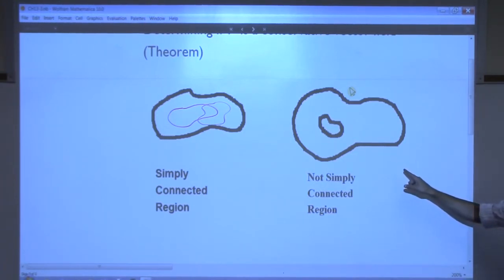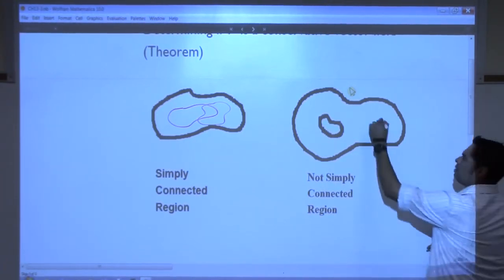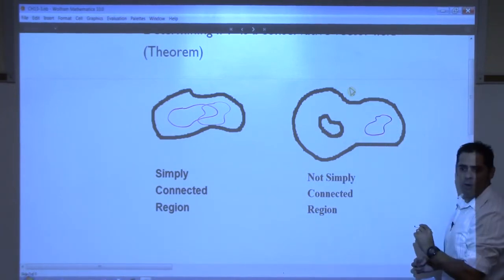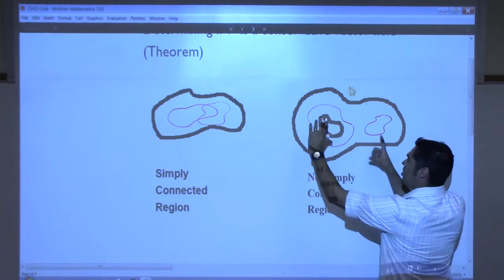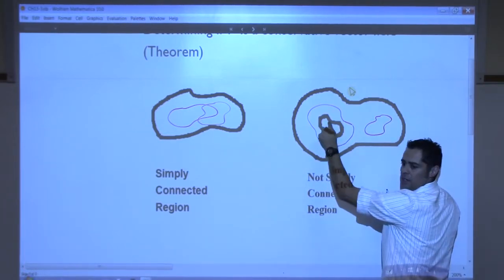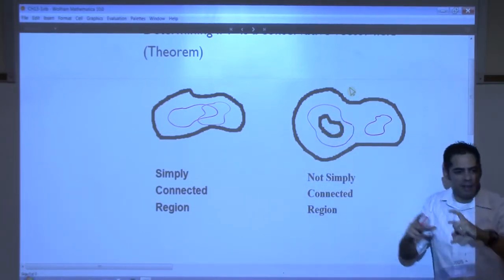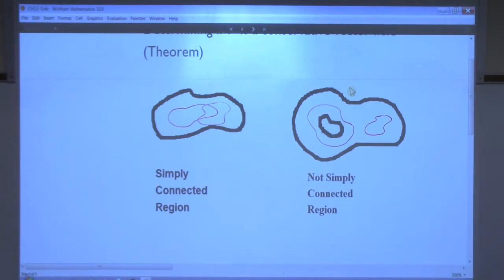This is not a simply connected region because, if I draw this, I can shrink that down to 1 point, but if I draw this one right here and try to shrink it down, this is a boundary. I can't get the curve past that boundary, so I can't shrink it to 1 point. Got it? It's a hole. It's a little donut, kind of. So that's a simply connected region. This one is not. So here's the theorem.